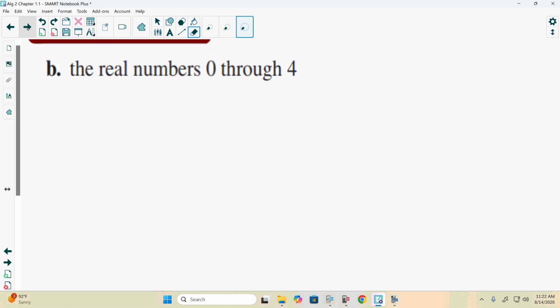We can't list all the real numbers from 0 to 4. We saw that yesterday. So here, we're actually going to have to write it in set builder. Now, the numbers 0 through 4, zero is less than or equal to x is less than or equal to 4.